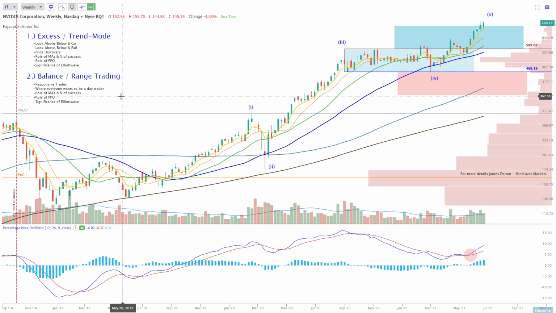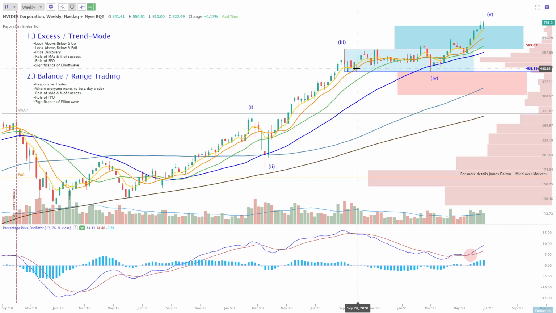So losing EMA 5, hey, we started the correction. But in general, the moving averages during the correction aren't going to be your buy-sell indicators, right?